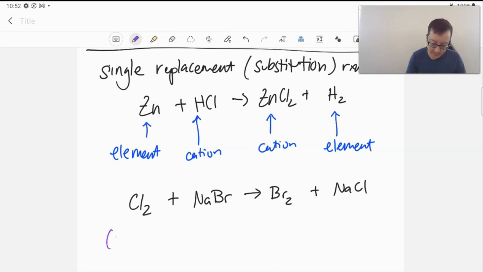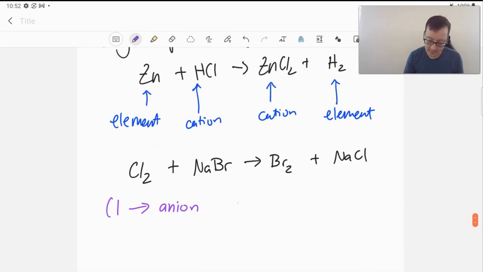So Cl2 generally prefers to be an anion, right? So we're going to kick out the anion of our compound in our reactant. So this kicks out the anion and replaces it.